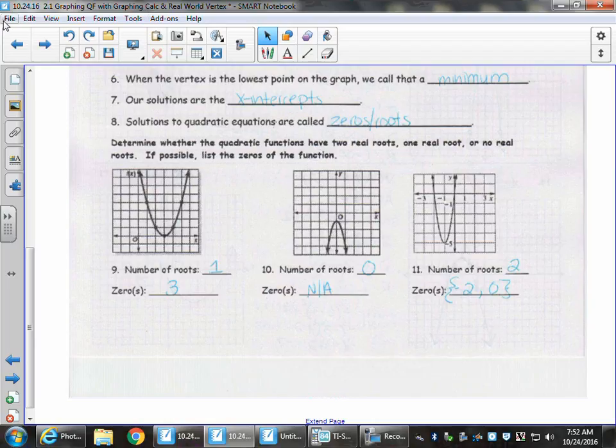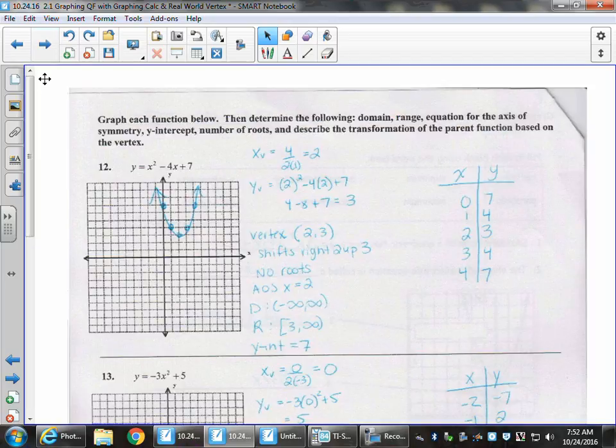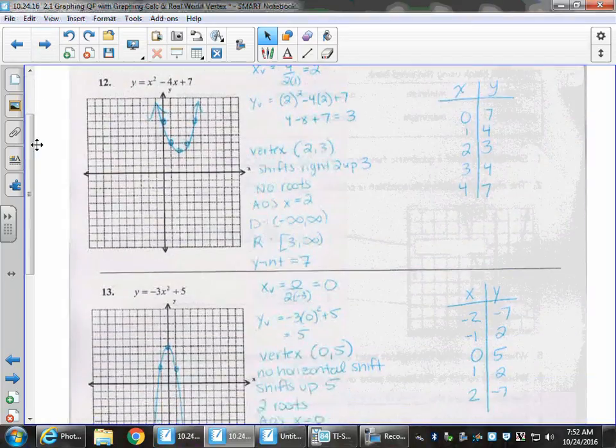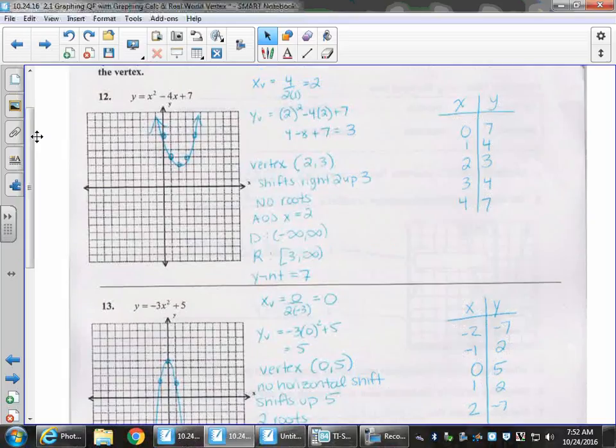Ready to check graphs? Yes? Who's ready to check graphs? Okay. So let's talk through 12 real quick. What form do I have for 12? We did 12 together. Who said talk through 12?